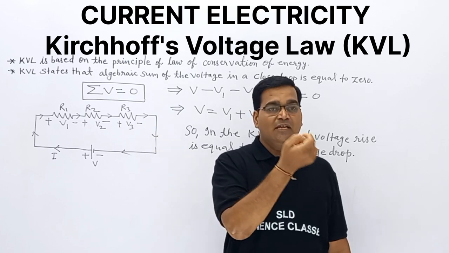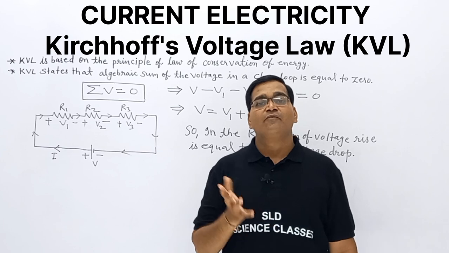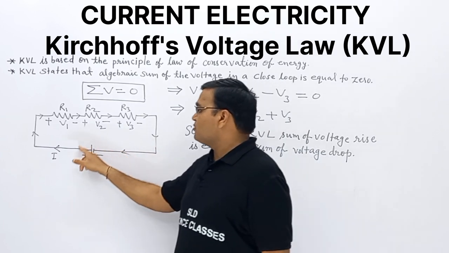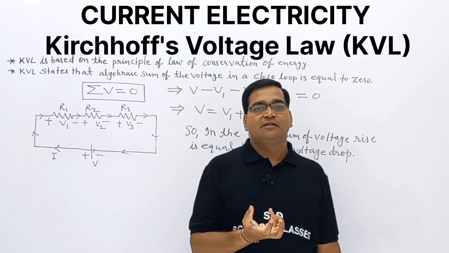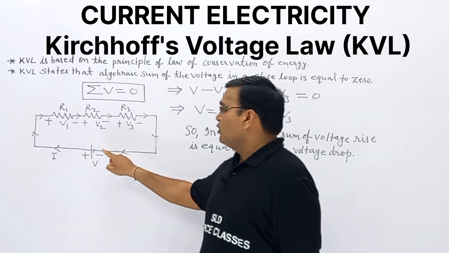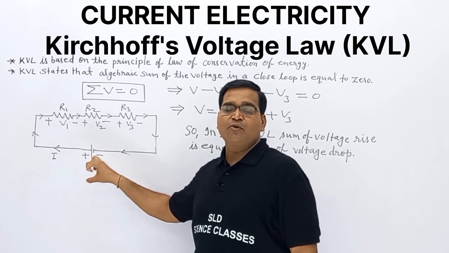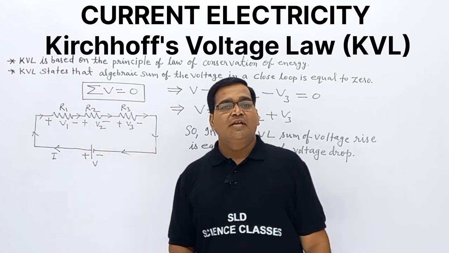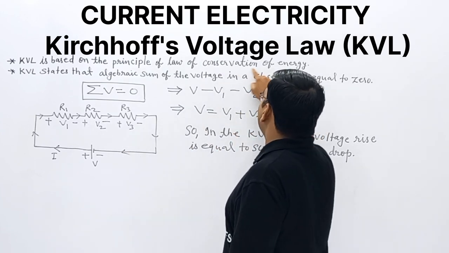Why? Because we have a voltage source in the circuit. This is a cell, and energy is stored in the cell. So the voltage source has energy, and KVL is based on the principle of conservation of energy.